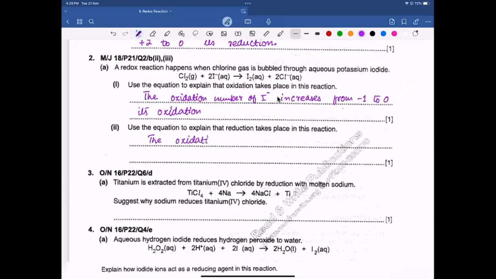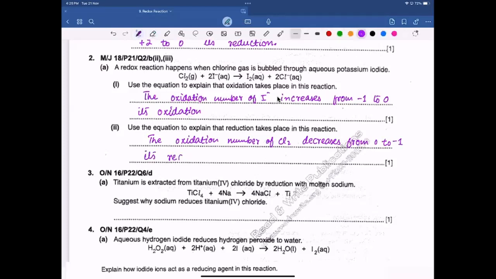The oxidation number of chlorine decreases from 0 to -1. It's reduction.